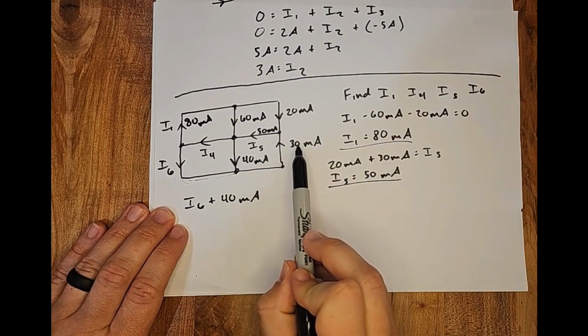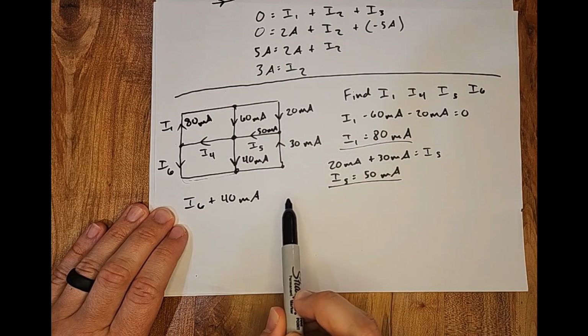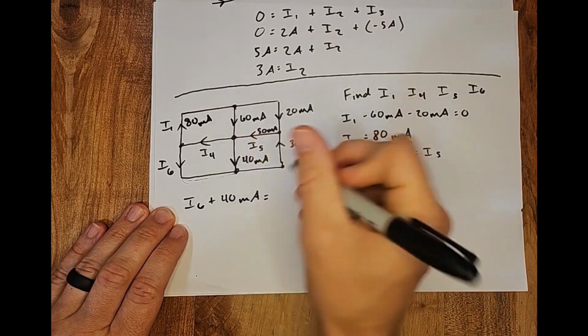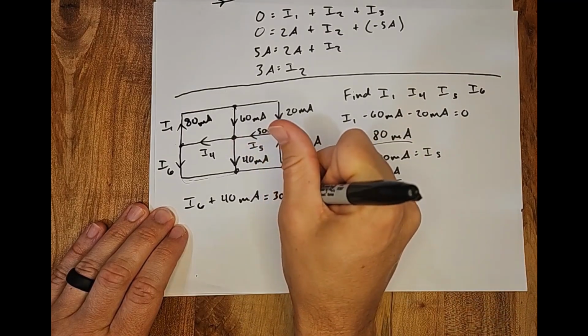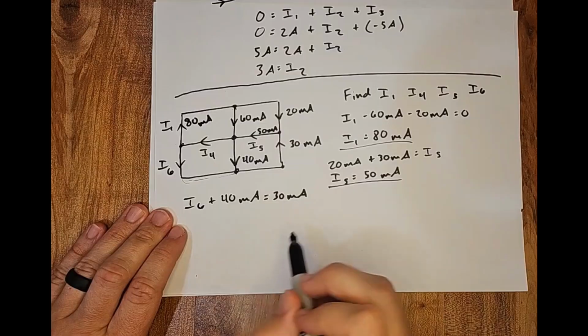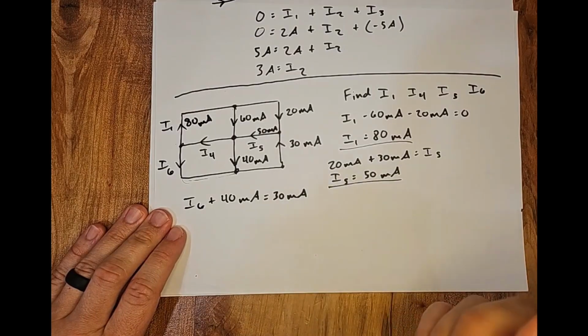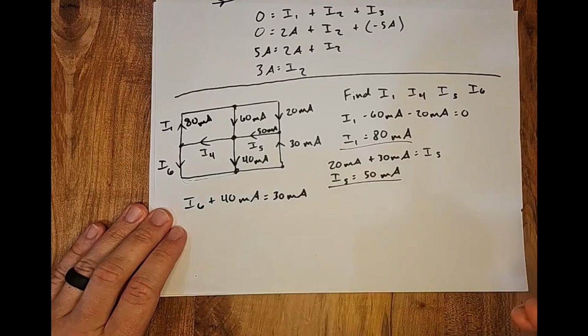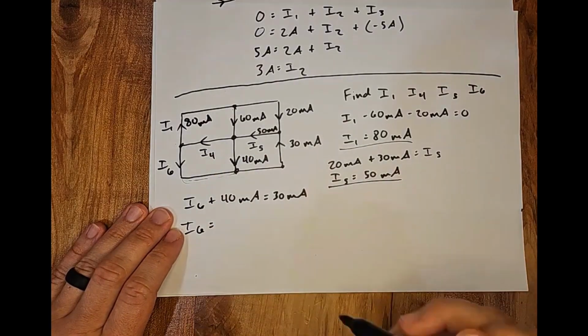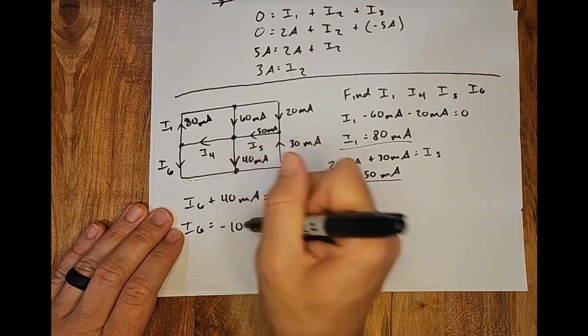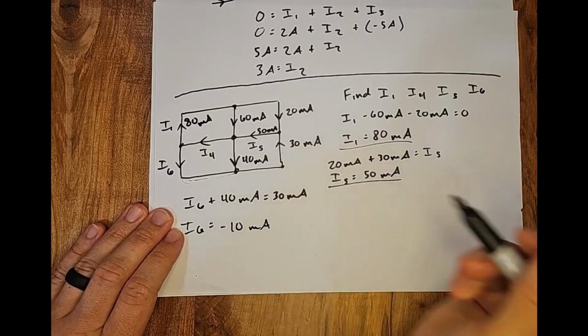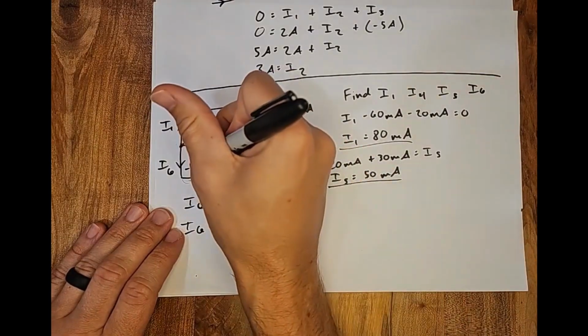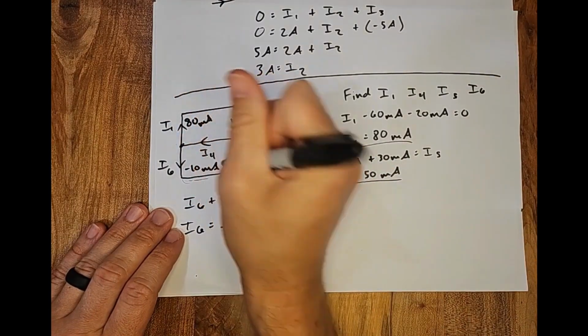And negative 30 milliamps. So it'll be minus 30 milliamps equals 0, or we can just write equals 30 milliamps because we know it would go to the other side of the equal sign, just basic arithmetic. So I6 is just going to equal 30 minus 40, which obviously is just going to be negative 10 milliamps. So now for I6 I'll write negative 10 over here.